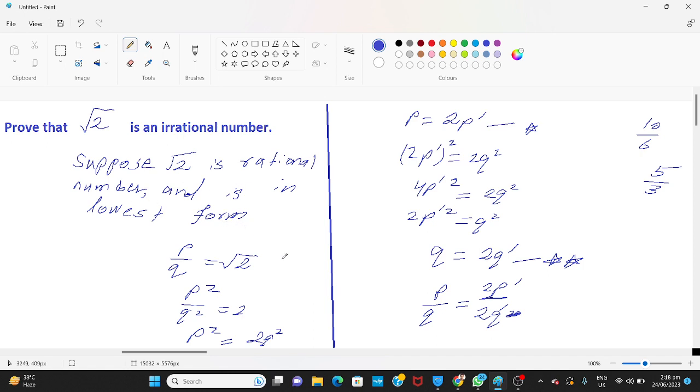Here we can see that they are not in simplest form, they can be divided by 2, which is a contradiction, and hence we can write root 2 is irrational, because our supposition was wrong.